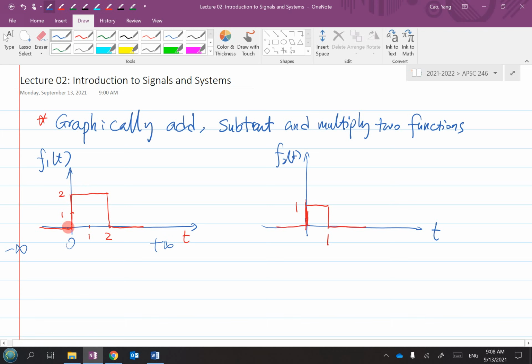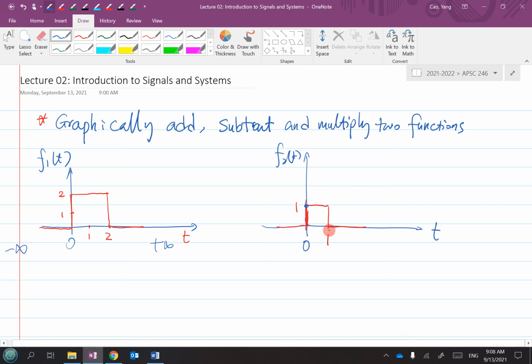Sometime later we're going to learn the so-called unit step function. So we'll see how we can actually use that function to describe this one. This one, we call it a step. It's a step up, right? There's a step up right here. And this one is very much similar to f1 of t, except the value here, at t equal to 0, jumps to 1.